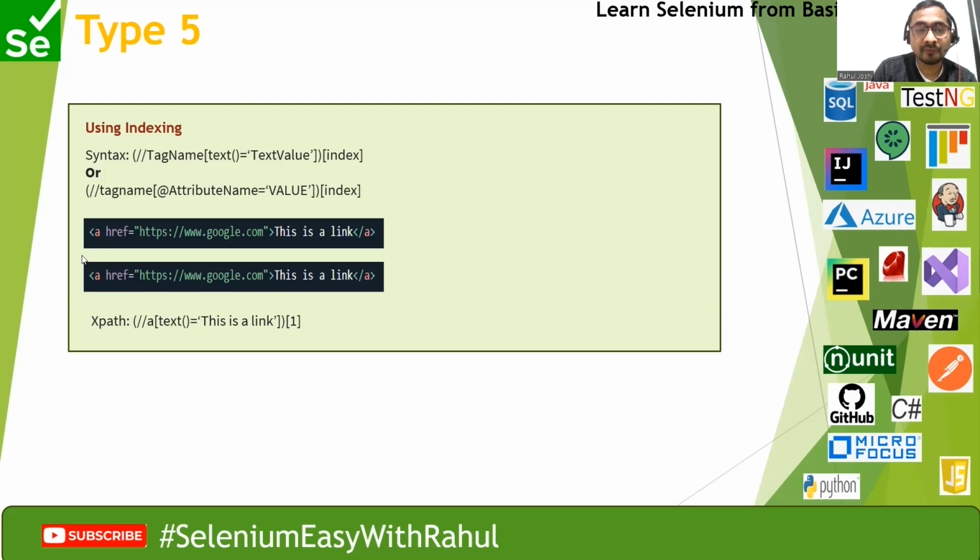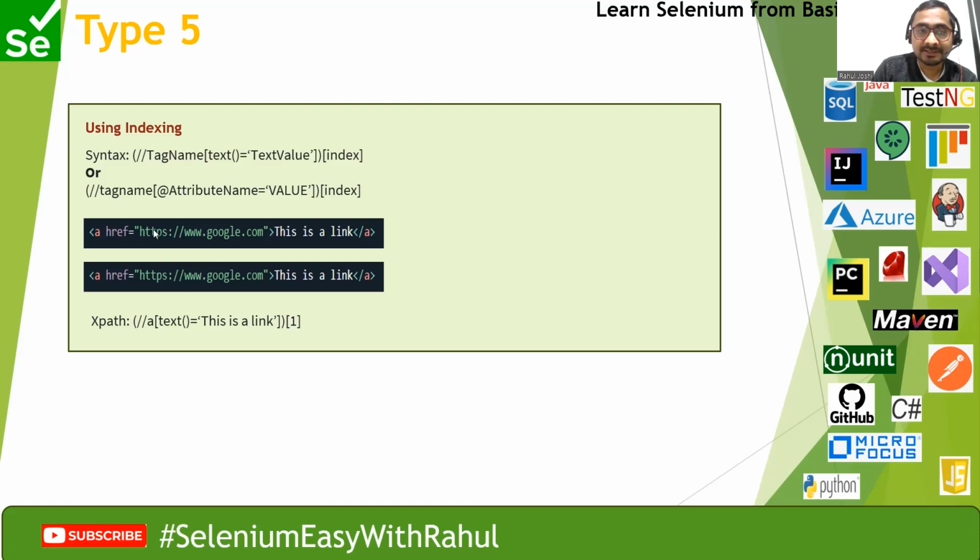If you want to find the very first element, let's say we are going to find the object via text function, then we need to write within the circular bracket, double slash, the tag name is A, then in the square brackets we write the text method equal to its text value. We close the circular bracket, and after that within the square bracket we write the index.